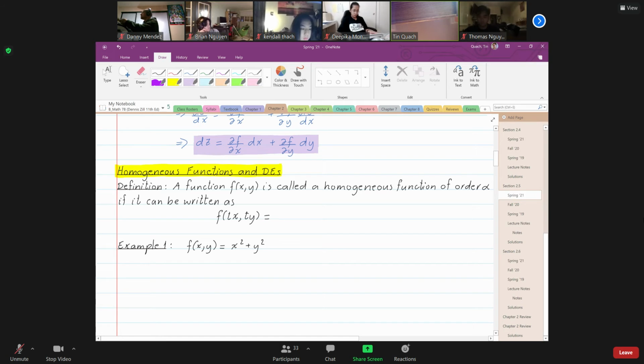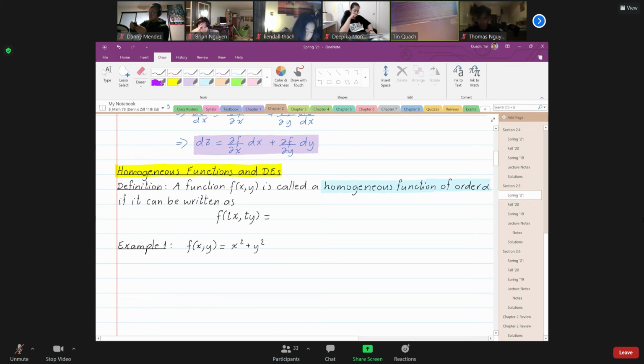So what kind of function is a homogeneous function? By definition, a function f(x,y) is called a homogeneous function of order alpha.